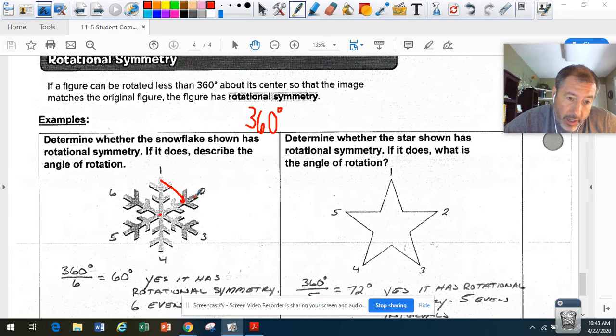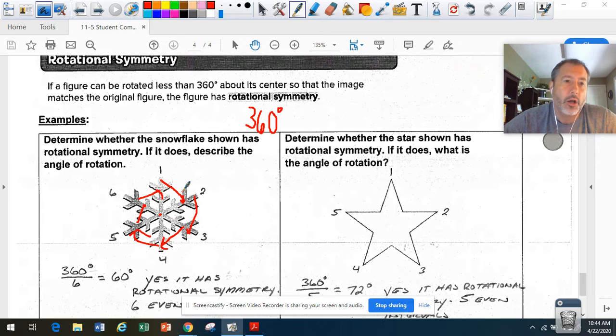If I rotate it down again, will it still look like the original? Yes. Keep going around. Yes, yes, and yes. It looks like the original. So yes, this does have rotational symmetry.